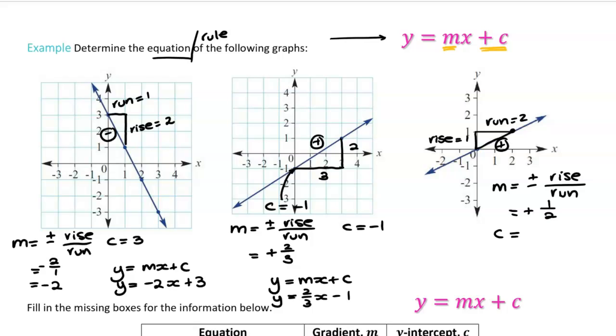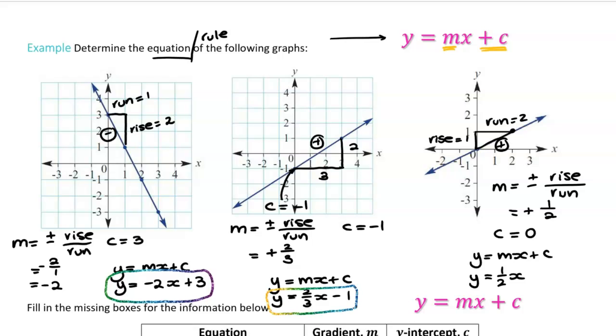And c, in this example, it's going through the origin, so c is going to be equal to 0. So y equals mx plus c means y is going to equal a half x. And we don't even need to put in the plus 0. So here it is. This is the rule or the equation for each of these graphs. And these are our final answers, because all it asks us is to find the rule or the equation.